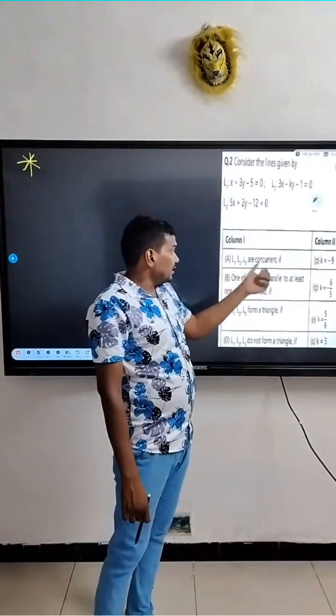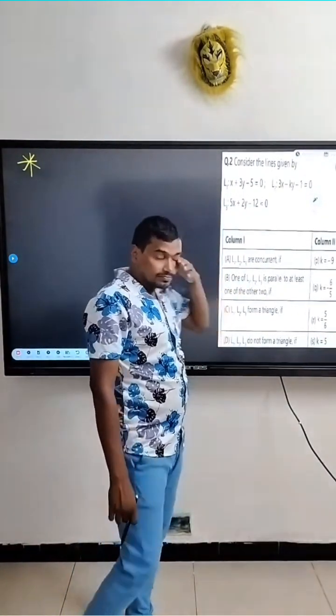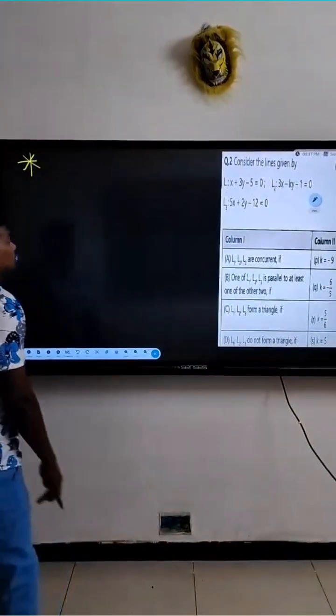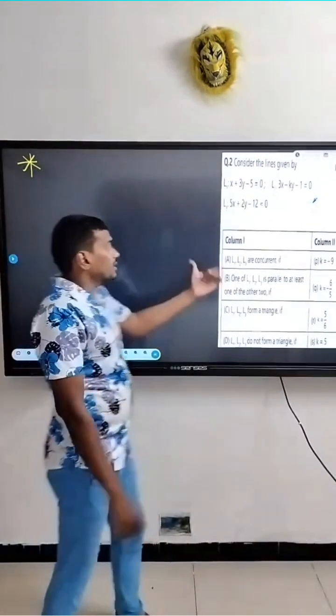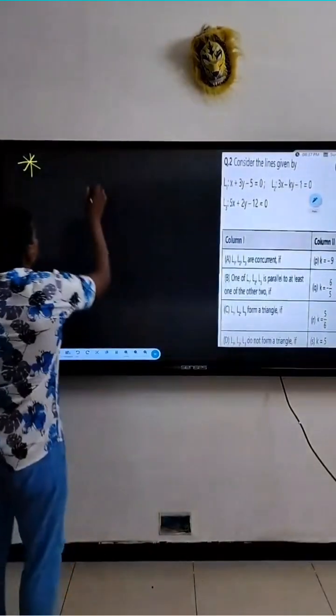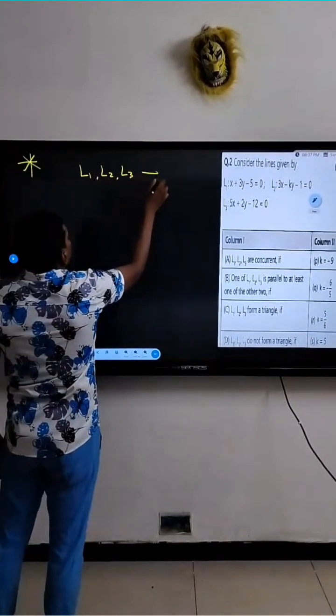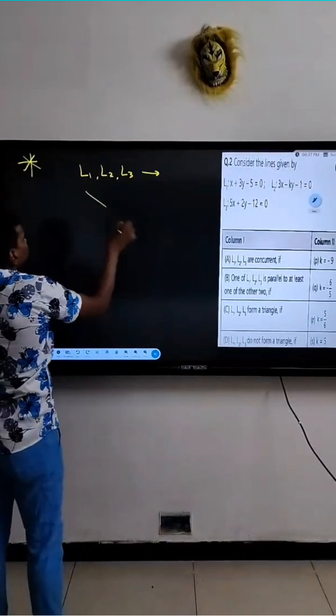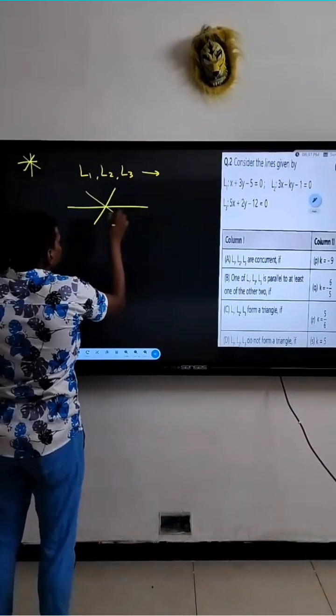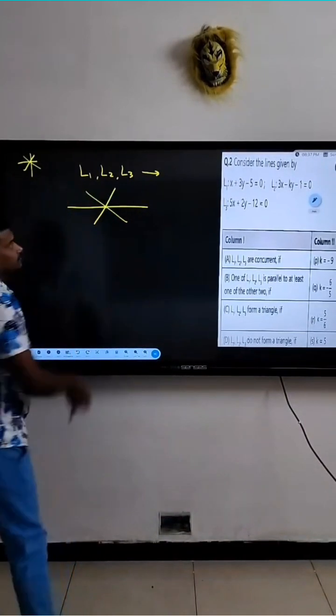Alright. They say L1, L2, L3 are concurrent. See, what do we mean by this concurrency? When we say L1, L2, L3 are concurrent, all three are passing through the same point.